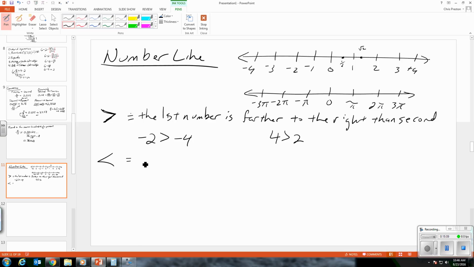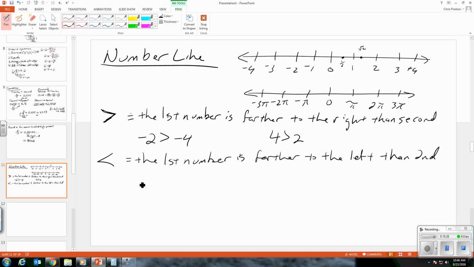Likewise, if you have a less than symbol, the first number is farther to the left than the second. Okay, so I could use these same numbers, and -4 is less than -2, or +2 is less than +4, farther to the left.